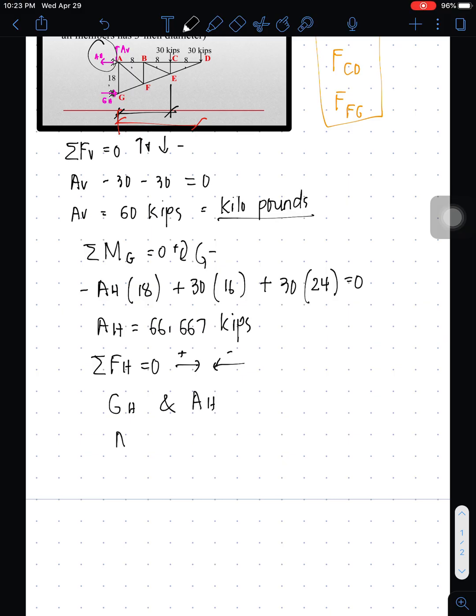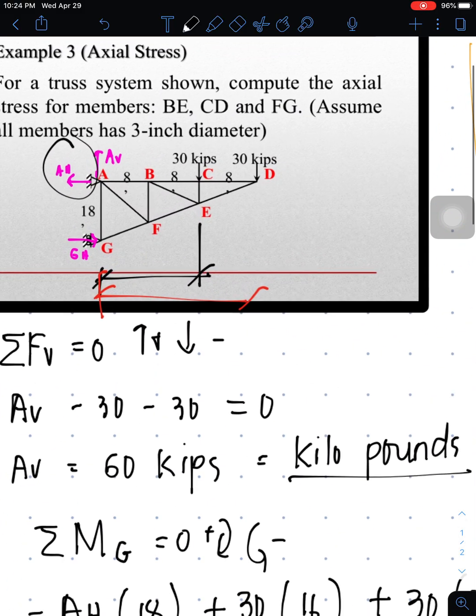So therefore AH is equal to GH. So GH is now 66.667 kips. So that's the reaction of the supports.